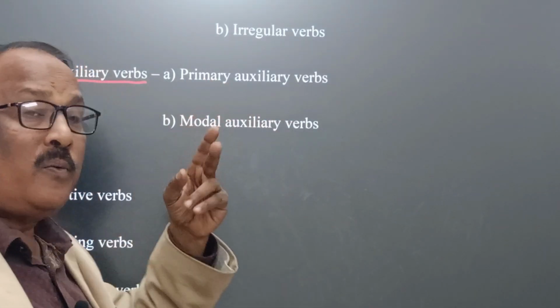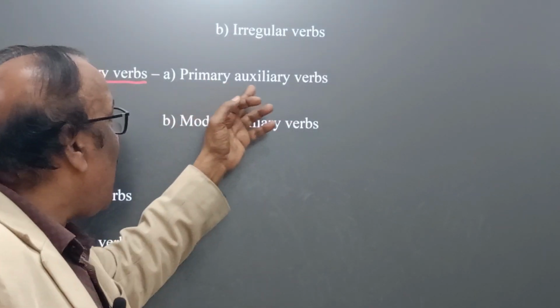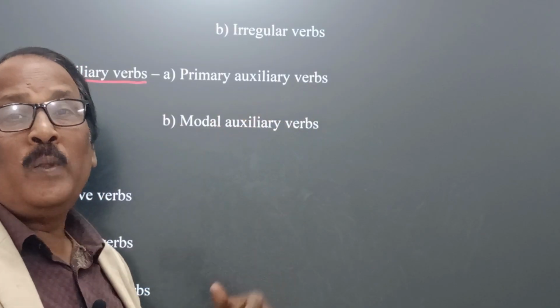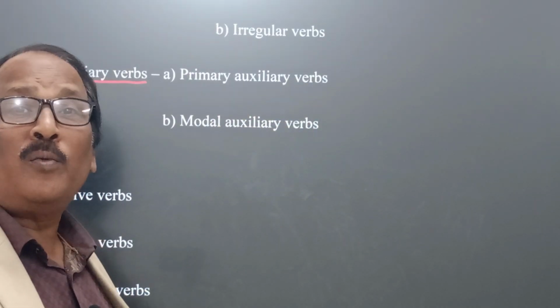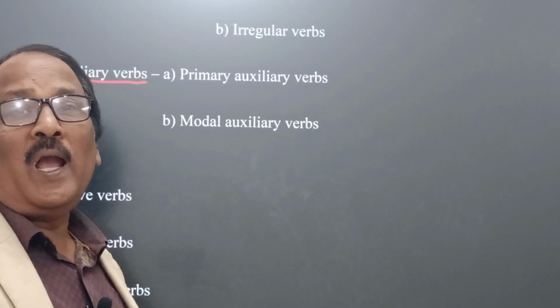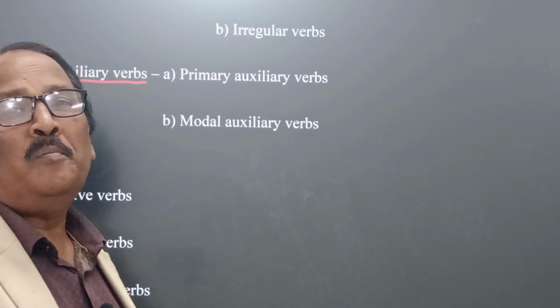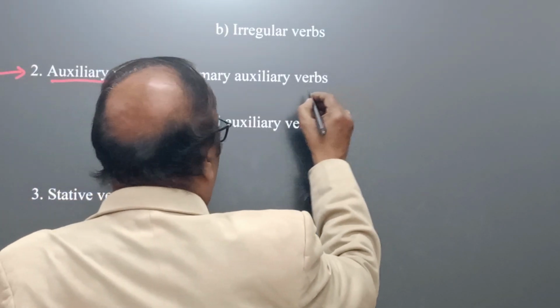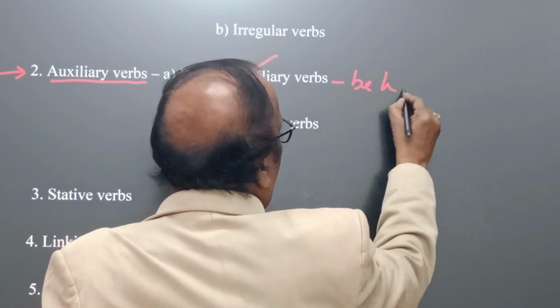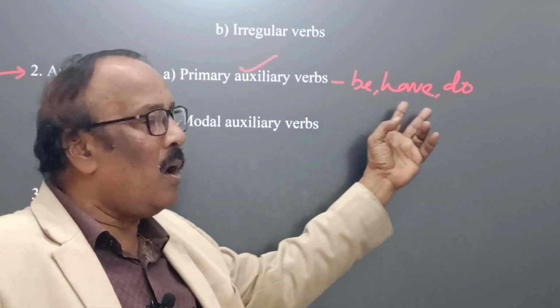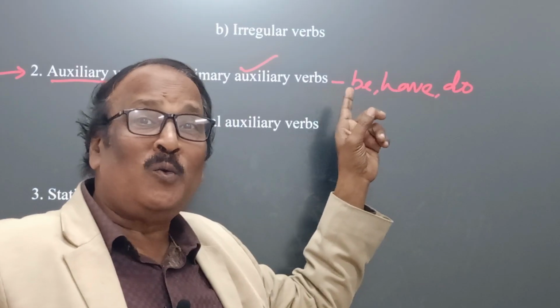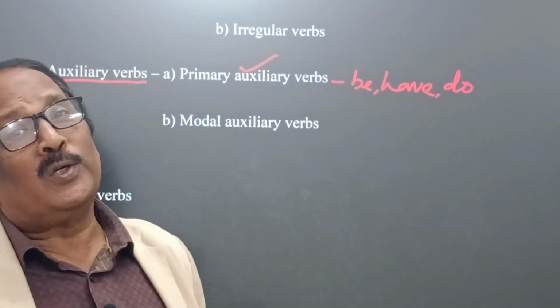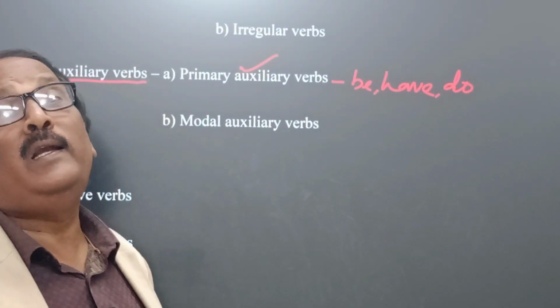Auxiliary verbs are of two types: primary auxiliary verbs and modal auxiliary verbs. These verbs don't express any dictionary meaning. Primary auxiliary verbs: be, have, do. These three verbs are primary auxiliary verbs. They will be discussed in subsequent classes in detail.